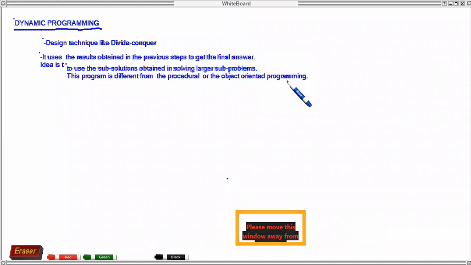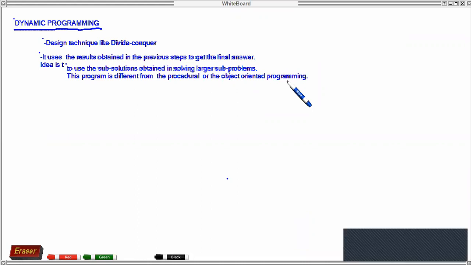Dynamic programming might appear similar to the divide and conquer approach, but there is a fundamental difference between the two approaches.